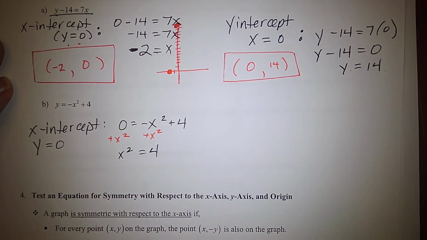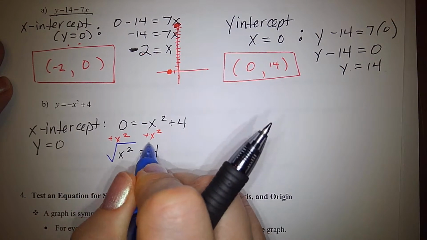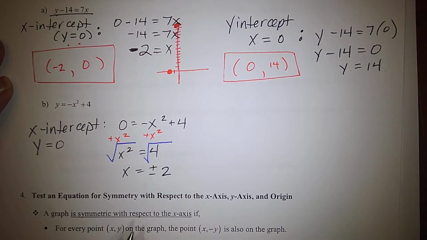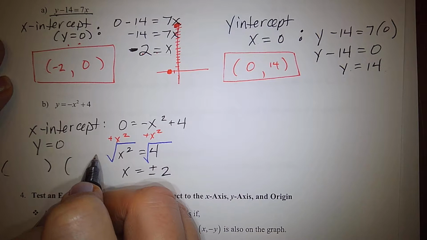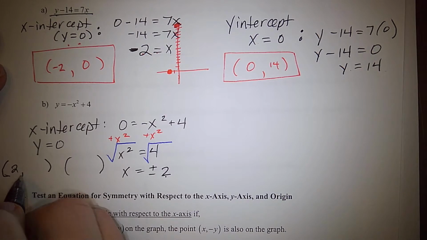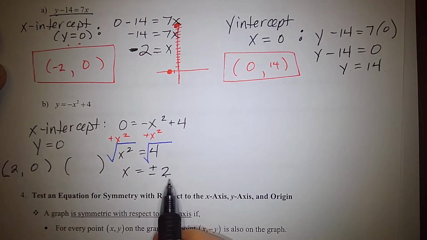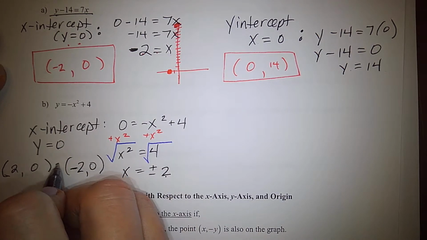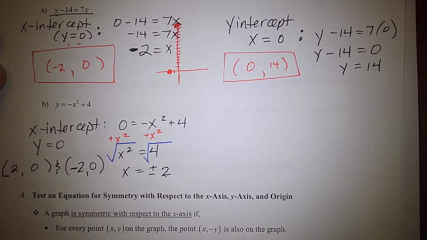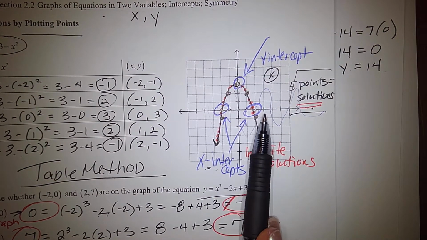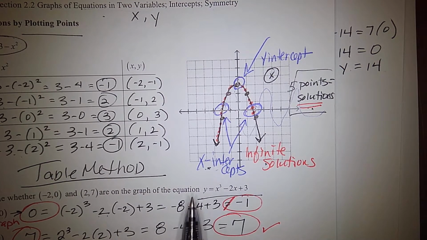And by utilizing the square root method that we learned, that's going to give me x equals plus or minus 2. So it looks like I'm going to have 2 x-intercepts. The first x-intercept will be at 2, 0 for y. The other one will be at -2 for x and 0 for y. So I have 2 x-intercepts. And again, that's totally possible. If you recall back to the first question we did, this question at the very beginning also had 2 x-intercepts. So it's very possible to have 2.